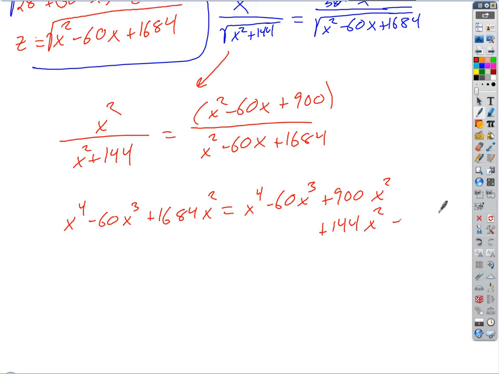what are we going to get? I don't want to think about this. Somebody real quick in your calculator, put in 60 times 144. Oh, I can't help myself. It's going to be 8640. There we go. That's what you were thinking, right? x plus 900 times 144 is 129600.